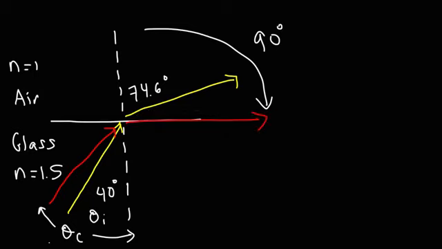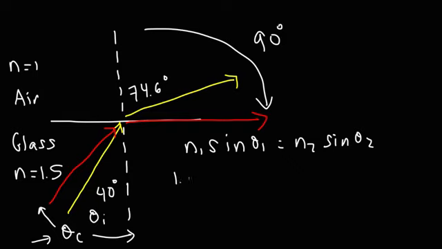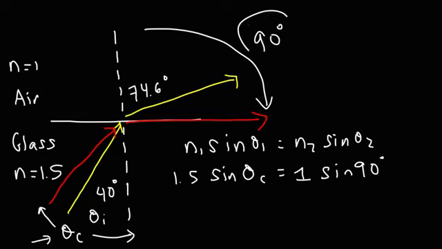Let's calculate that critical angle. So once again, we could use Snell's law. So n1 is going to be 1.5 times sin of the incident angle, which is the critical angle. n2 is 1. The incident angle is the critical angle when the refracted angle is equal to 90 degrees. So sin 90 is 1.